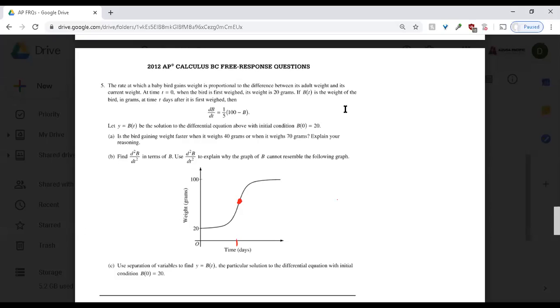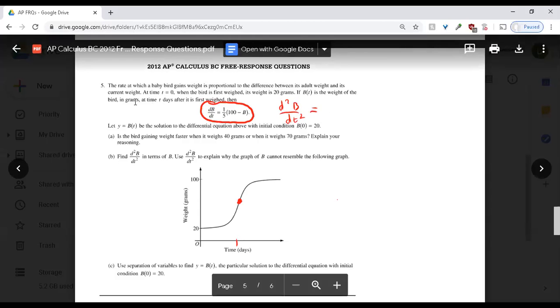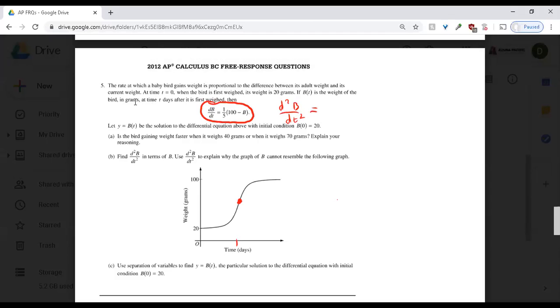Based on the information we know here, if I was to take this and plug in any number for b, let's actually find the second derivative here. If you wanted, you could distribute the 1/5 if that's easier for you, but this is going to give you negative 1/5, or you do chain rule, times dB over dt.